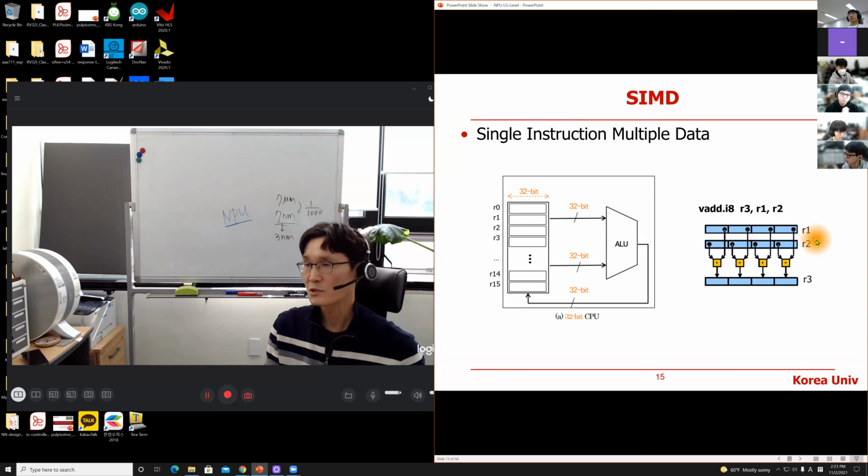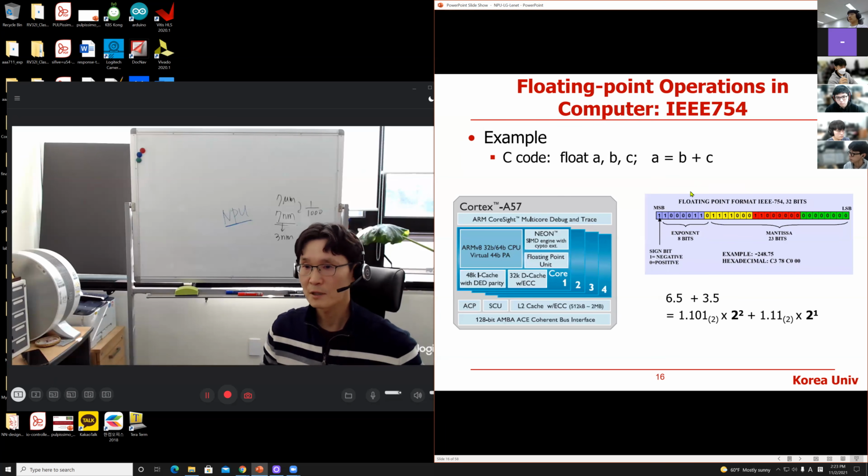That approach is useful for DNN data processing, because you have to do a lot of multiplication operations. Not just one, a lot, billions of multiplication operations. So if you implement SIMD instructions inside the CPU, that can be used to speed up DNN processing. Right? So the SIMD concept, okay.